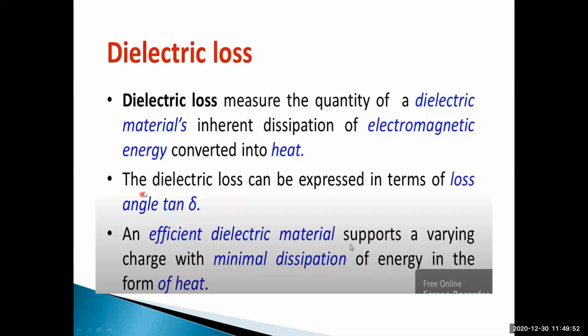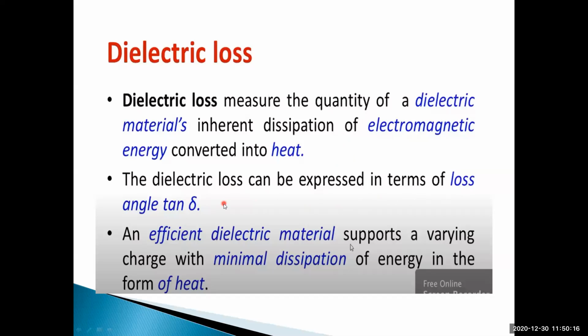The dielectric loss can be expressed in terms of the loss angle tan delta. Based on the loss angle tan delta, we express the dielectric material properties. If tan delta is lower, we can say this is a good dielectric material. If tan delta is high, it means the dielectric losses are more.